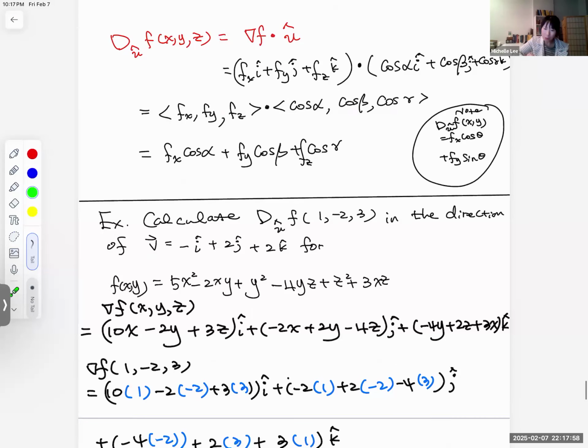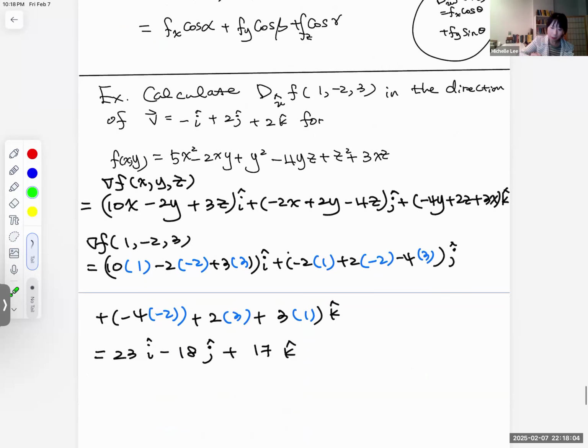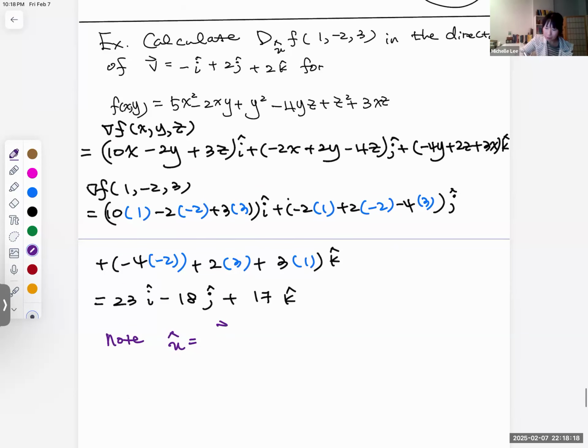So we have information about only vector v. Note, we have a unit vector u, which is the same as vector v over magnitude of vector v, right?